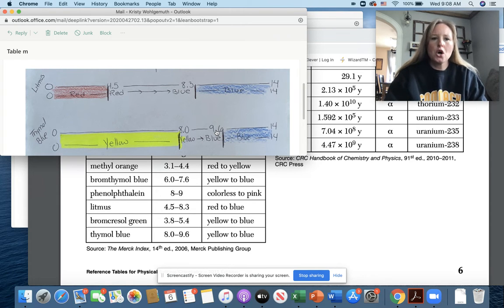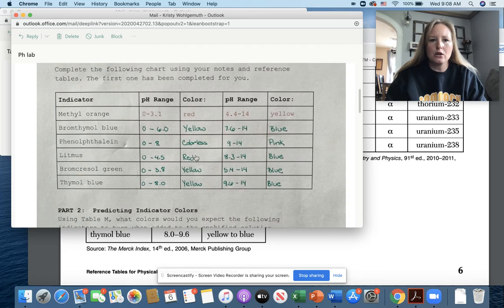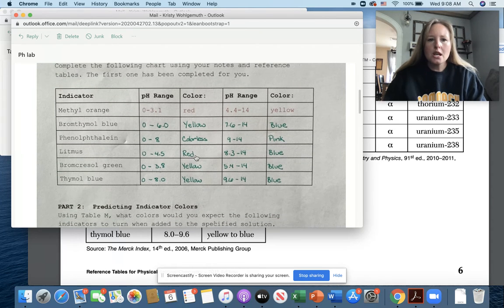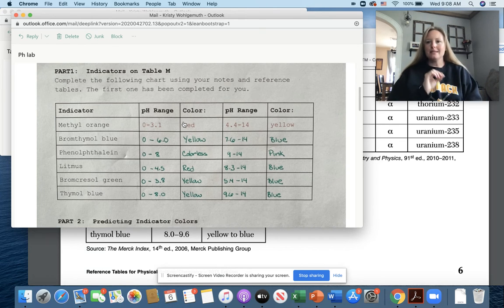Okay, so those were the first types of questions that you got. If we take a look at the indicator lab, part 1 is simply asking you to complete the chart: what color will you have with what pH range? It is a definite color.